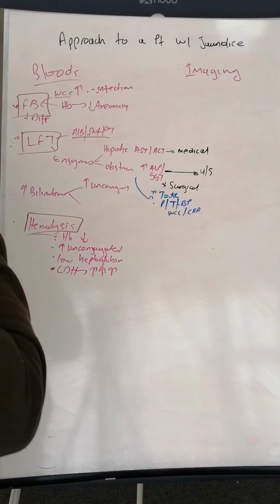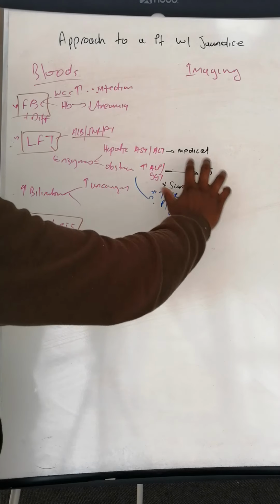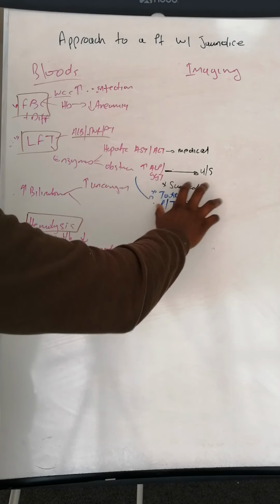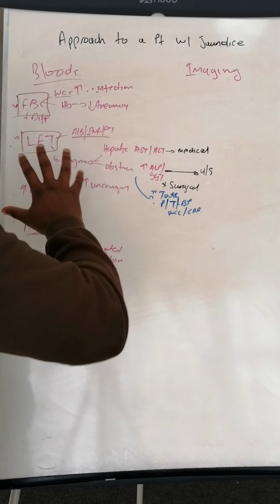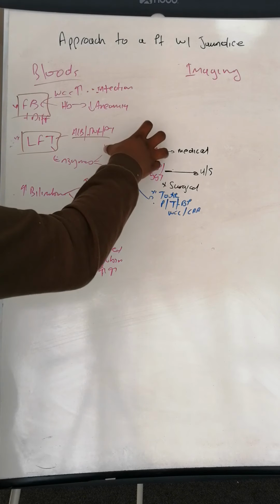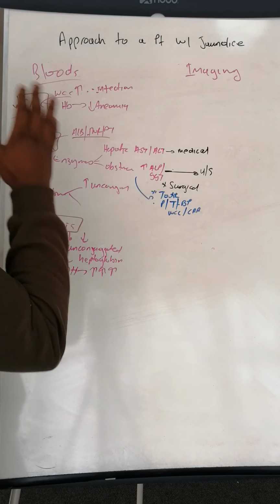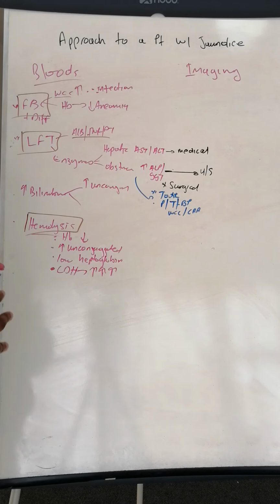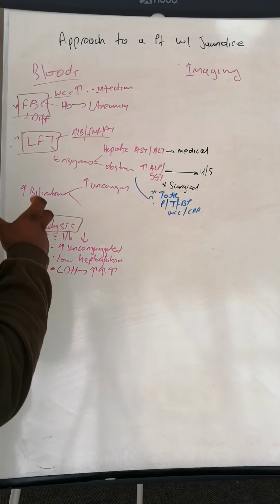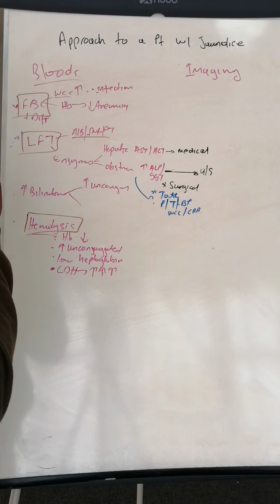So if on your patient all of these are fine, there's no obstruction, these are okay, these guys are okay as well. Remember, if AST and ALT are abnormal, then chances are you've got some kind of liver injury. It can be viral hepatitis, drug-induced hepatitis, herbal medication, anything. Because when you've got a high AST and high ALT, it's purely a liver problem.